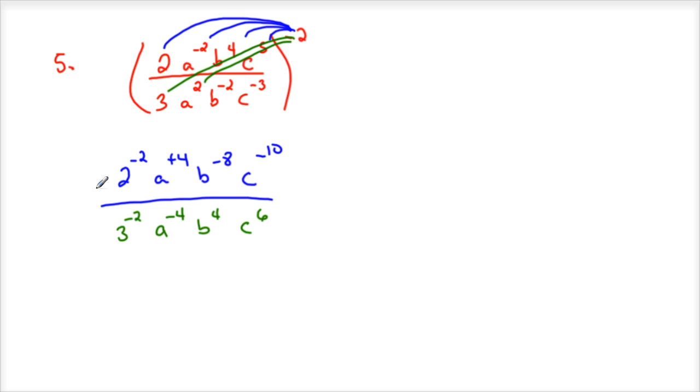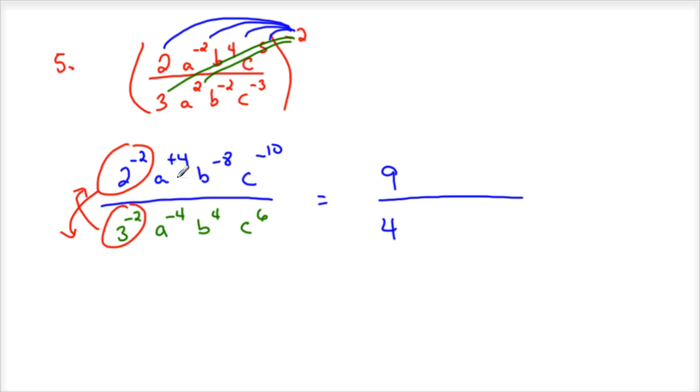Okay, simplifying these. Again, you want to simplify these the same way. Bring this one to your numerator, bring this one down to your denominator. So here we have 9 over 4. This is a to the 4th minus negative 4, which becomes a to the 8th, b to the negative 8th minus 4, which becomes b to the negative 12th, c to the negative 10th minus 6 becomes c to the negative 16th.